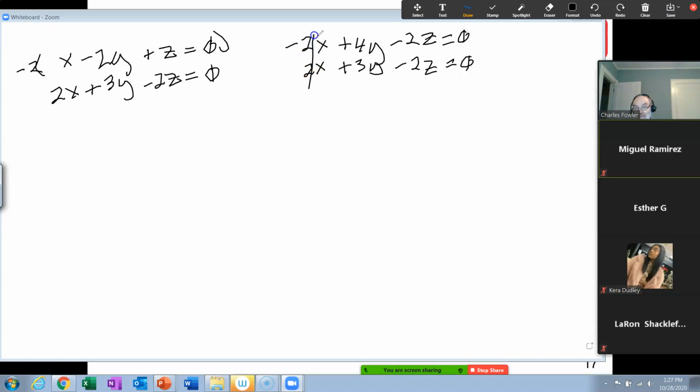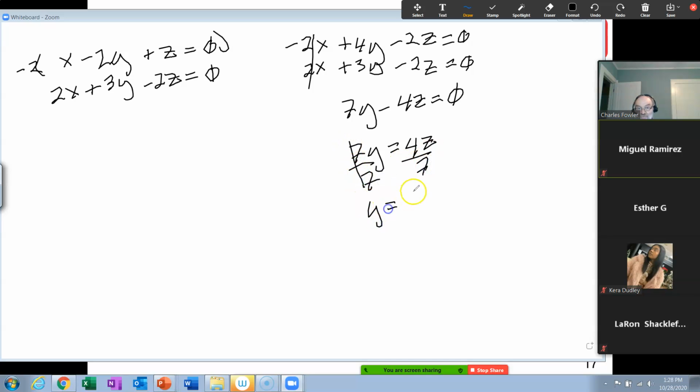When you add these two together, the x's go out and you get 7y minus 4z is equal to 0. Now, you could write that as 7y is equal to 4z by adding 4z to both sides, then dividing by 7, and you get y is equal to 4/7 z. Now, z is just a variable.